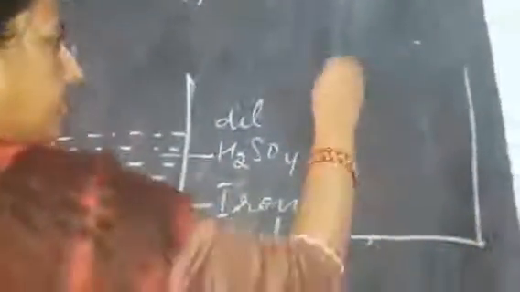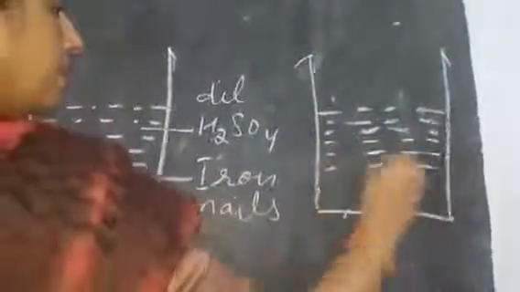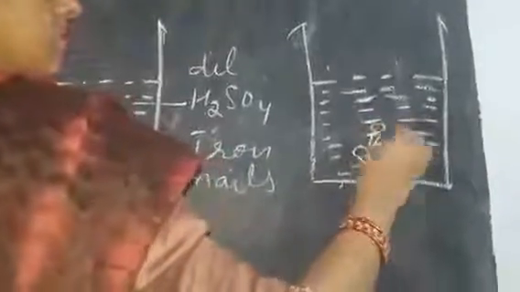After some time iron sulfate of green color will be formed. Okay. That is iron sulfate, which is green in color.